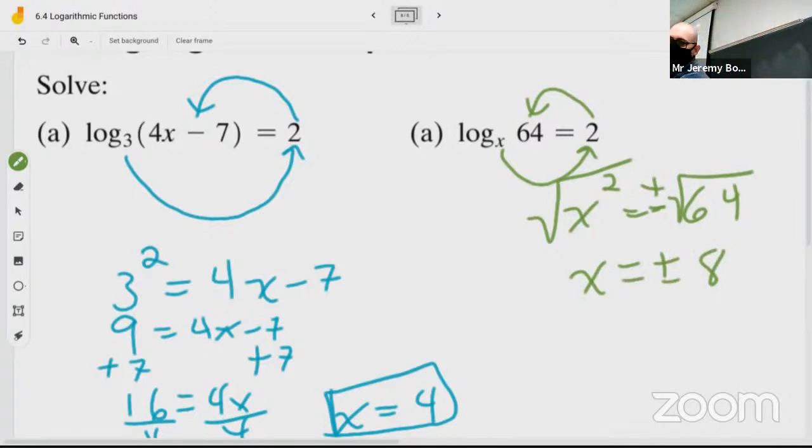Are both those valid? No. Why not? Because one of those is negative. Remember, the base has to be greater than 0 and not 1.